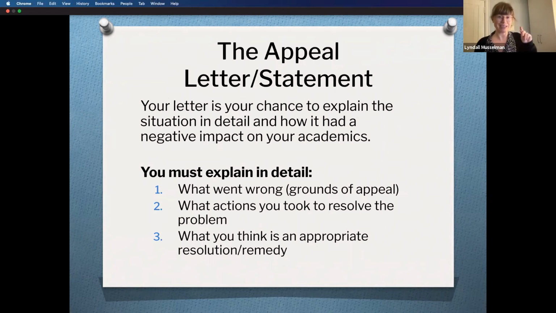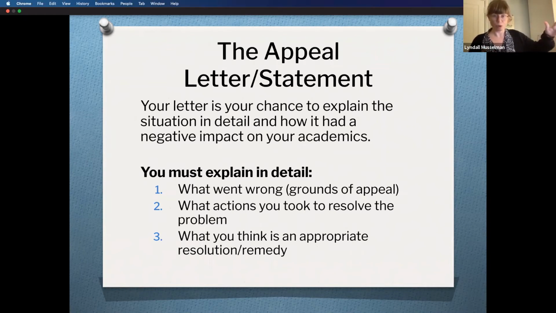Okay, so it'll be framed like 3 questions or 3 statements that you need to respond to. The first one will say, basically, what are your grounds for appeal? That's where you need to explain what went wrong, and say clearly that you're appealing on extenuating circumstances grounds, procedural error, course management, or prejudice, and explain why.